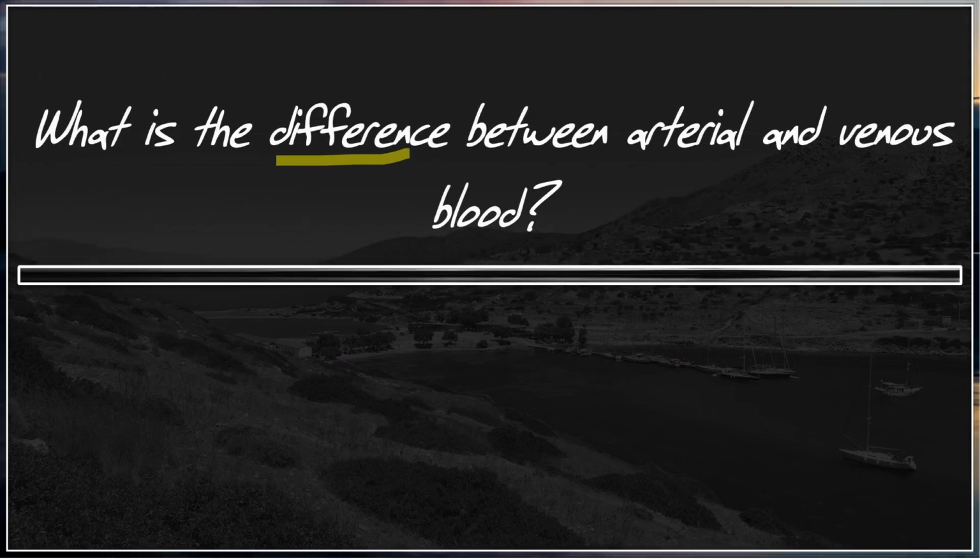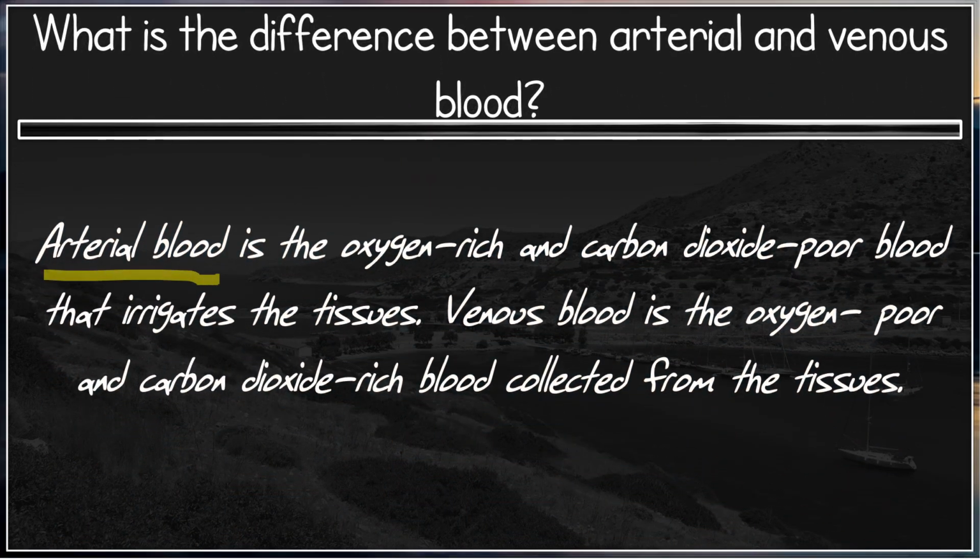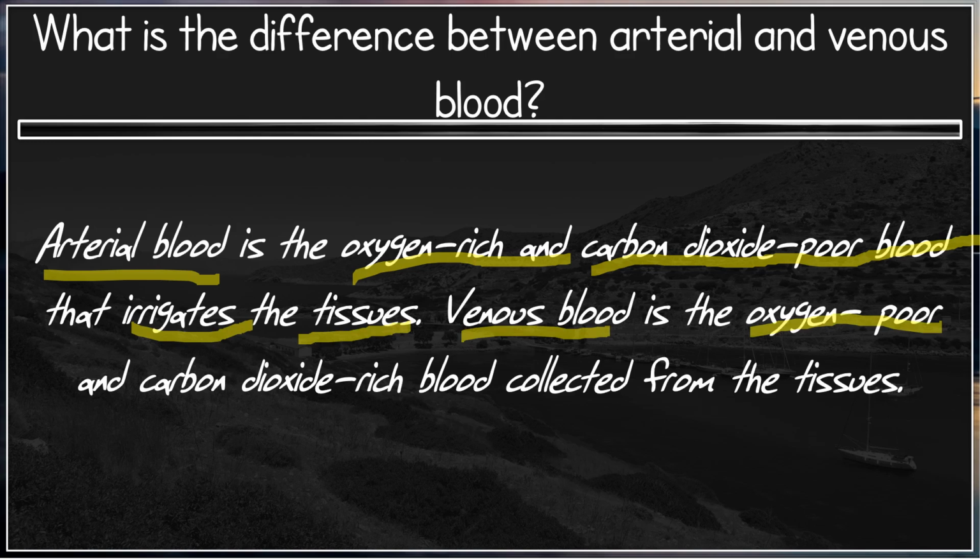What is the difference between arterial and venous blood? Arterial blood is oxygen-rich, carbon dioxide-poor blood that is sent to the tissues. Venous blood is oxygen-poor and carbon dioxide-rich blood collected from the tissues.